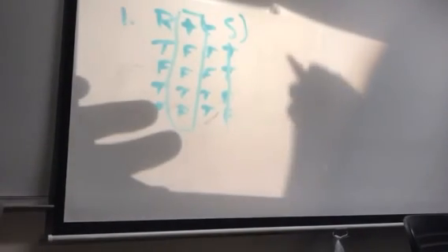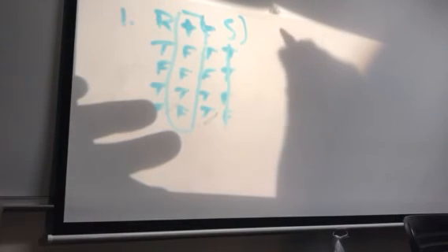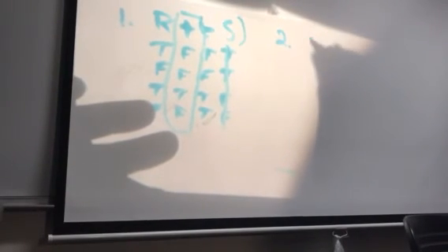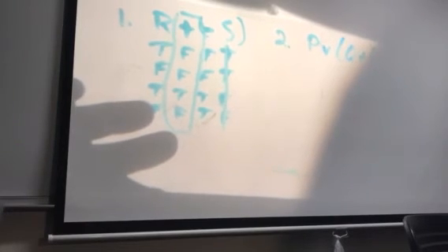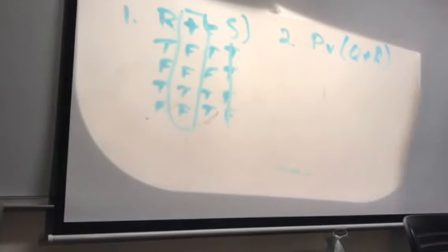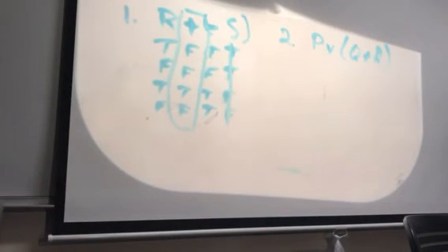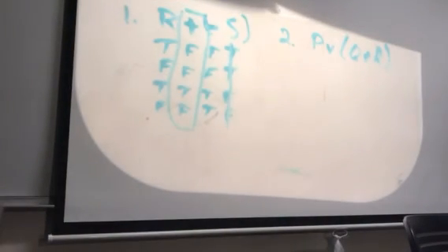So, number 2 is P wedge parentheses Q plus R, right? So how many lines are we going to need? 8 lines, right? 2 to the power of 3 is 2 times 2 times 2, which is 8.